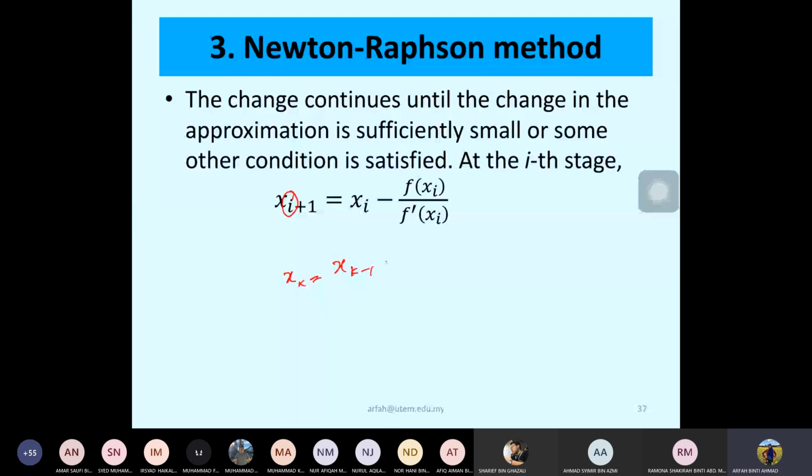Okay. So sometimes some of the book using xk. But awak kena tahulah yang ini untuk iteration seterusnya. Cuma dia bezanya dekat sini dia guna i. And this one dia guna k minus 1. So it is actually the same. Dia sebenarnya adalah sesuatu yang sama. Okay, ada soalan tak so far? Berkaitan dengan Newton-Raphson punya iteration.